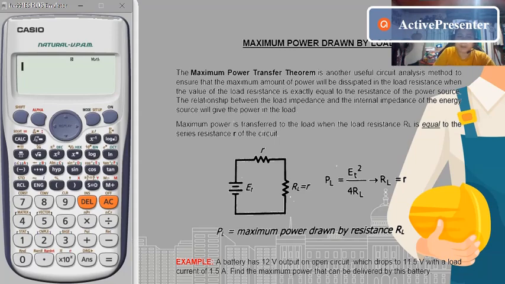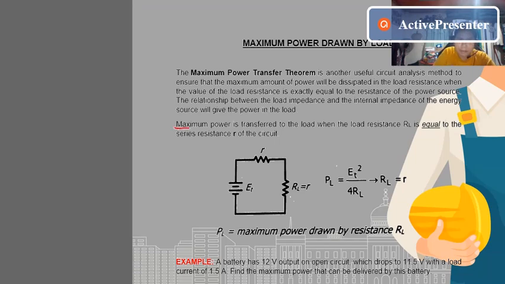So maximum power can be transferred to the load resistance RL if the condition is that it is equal to the series resistance of the circuit. For example, we can see it in our figure.